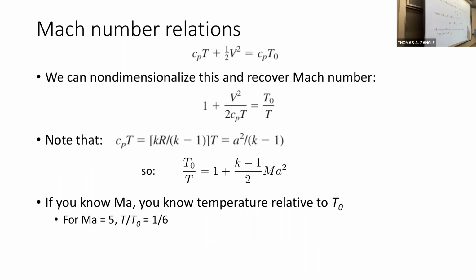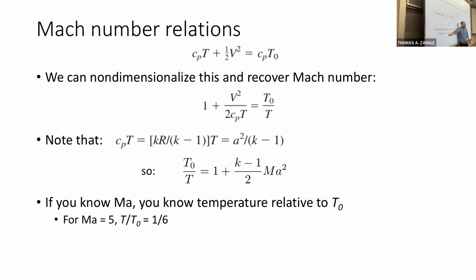So T naught is not absolute zero. We'll see this when we develop more expressions relating local flow properties to stagnation conditions, and then we'll use them to solve problems. Let's say I have a compressed gas cylinder sitting somewhere. There's some given pressure inside that cylinder, and it's at some temperature, and the flow there is at stagnation.